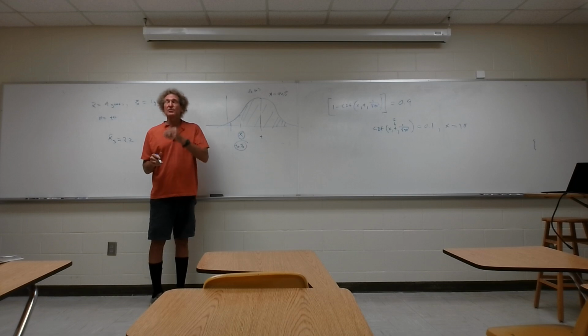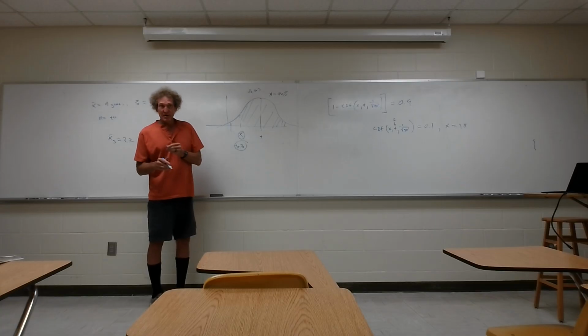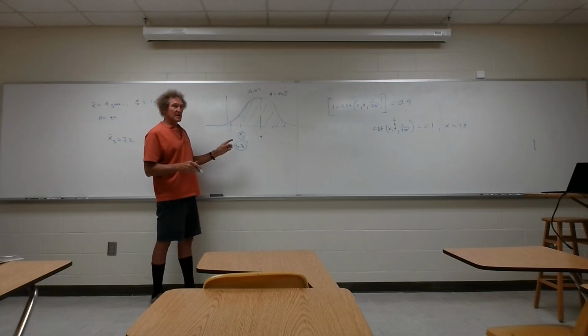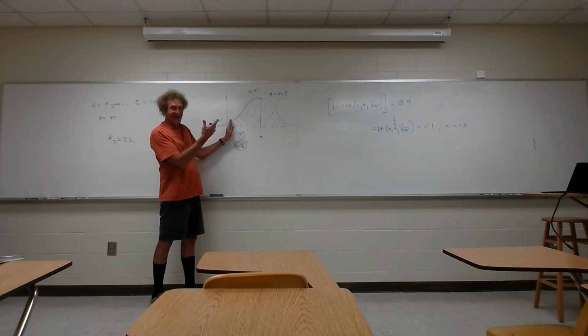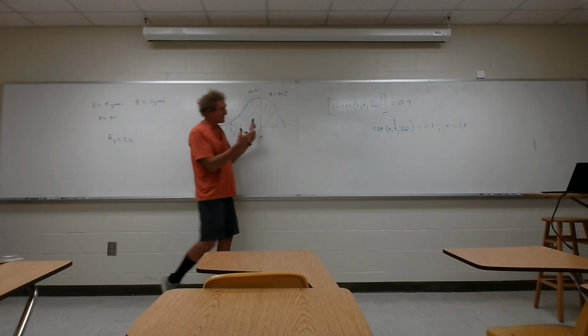So a logical question, now hear me, a logical question that might appear on a quiz would be what confidence interval would be needed to allow 3.8? Follow me? And how would you do that? You got it right there, right? So what are we gonna do?